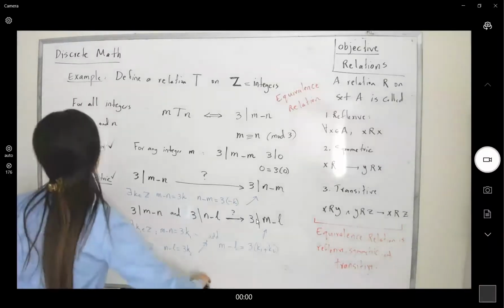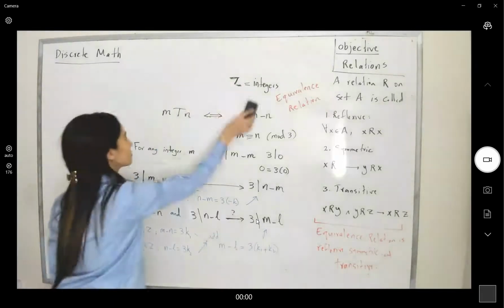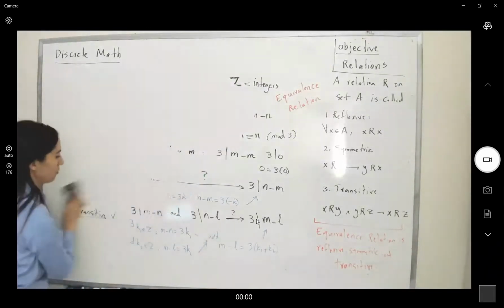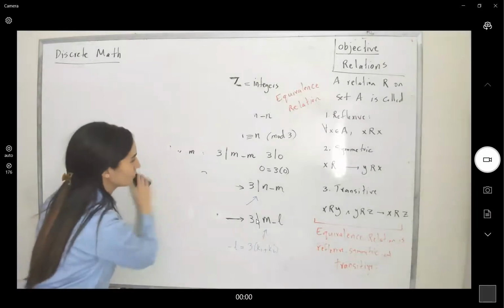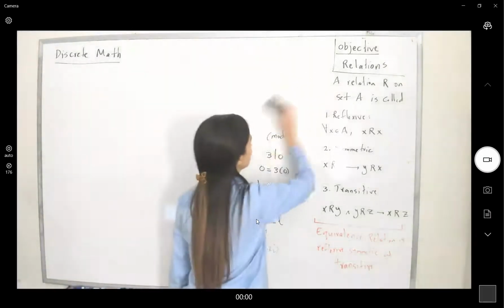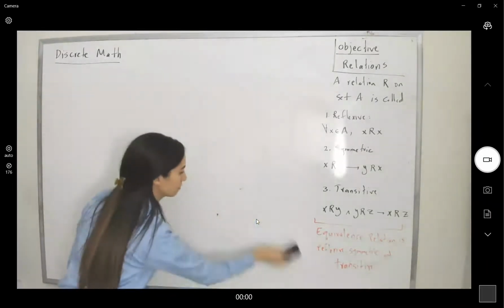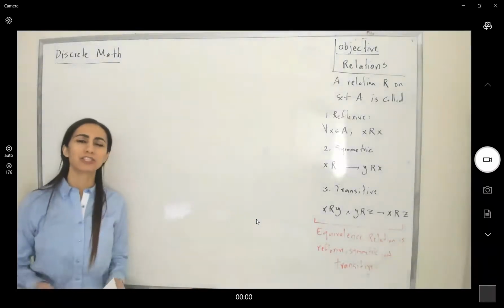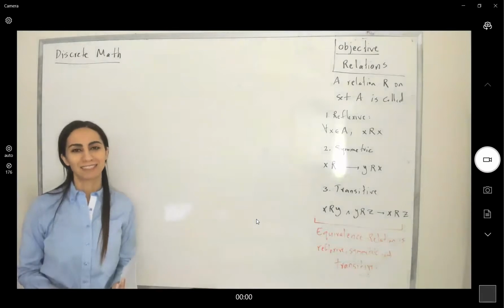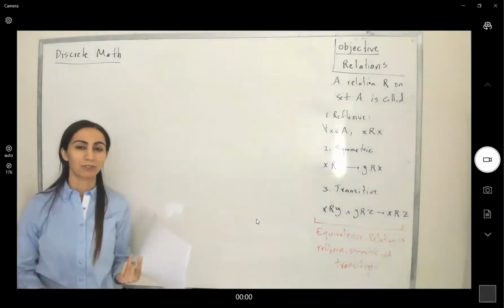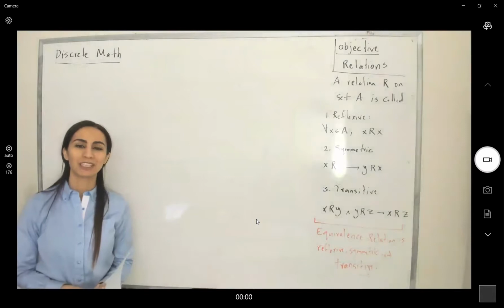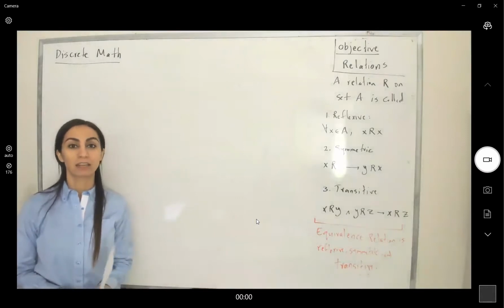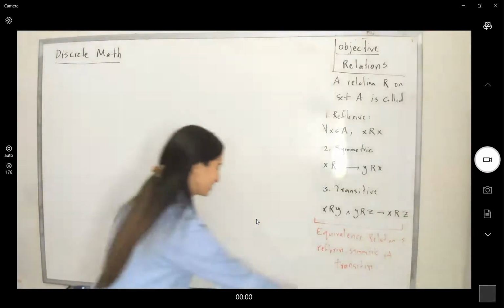Perfect. The definition. Well, remember we talked about partition on a set. We're going to use a partition and define a relation on that set.